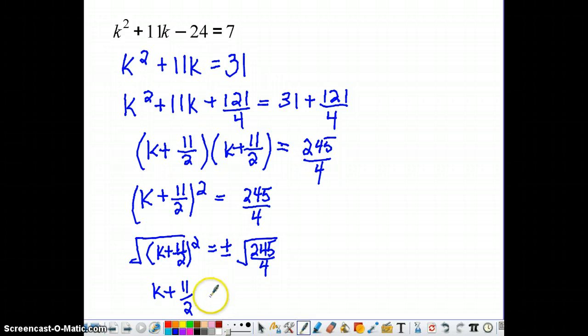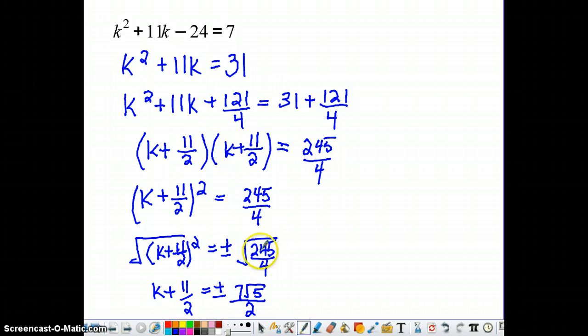And then I'm going to have plus or minus the square root of 245 over 4. If I simplify the square root of 245, it becomes 7 times the square root of 5. And the square root of 4 is just 2. So it would look like that.